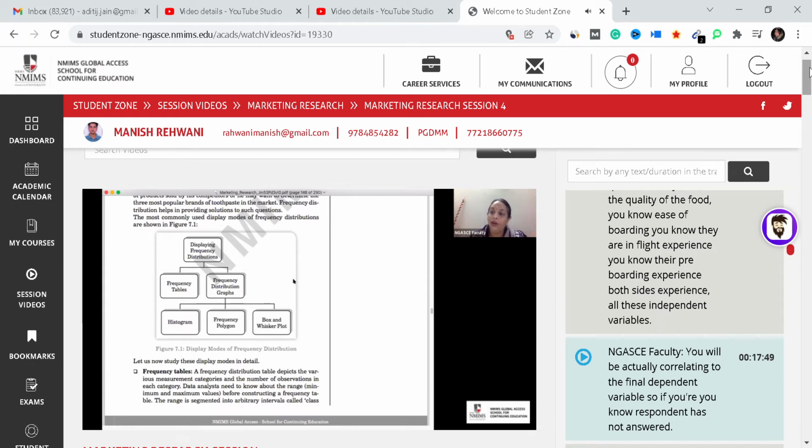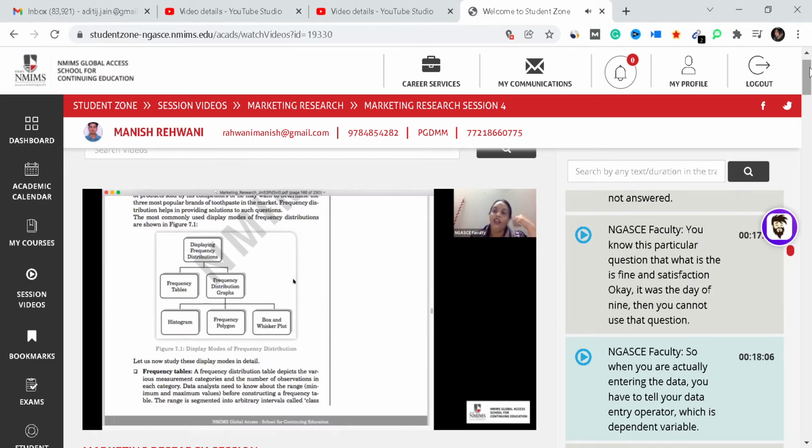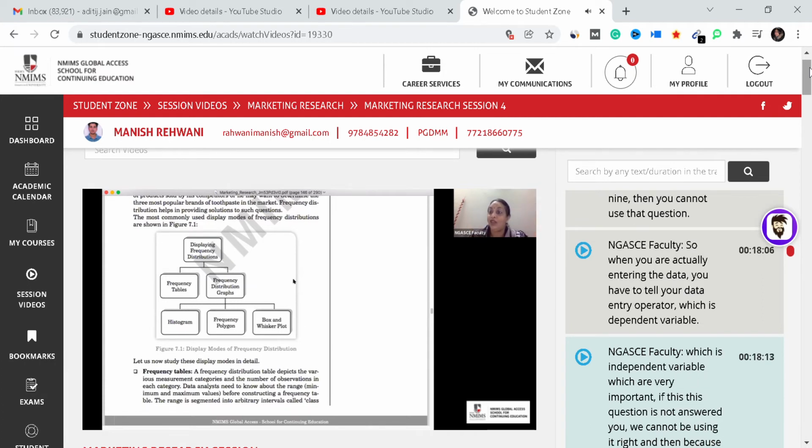So if your respondent has not answered the question about his final satisfaction towards that airline, then you cannot use that questionnaire. When you are entering the data, you have to tell your data entry operator which is the dependent variable, which are the independent variables, and which are very important.